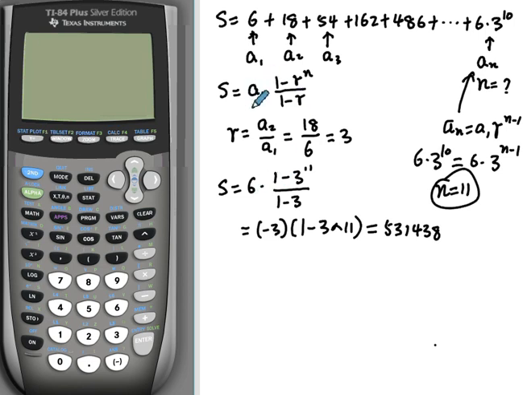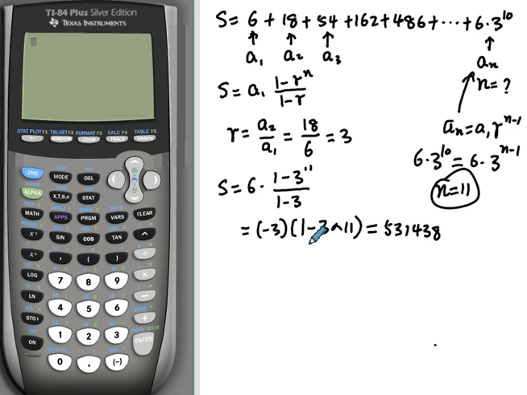So put into this formula, we then have 6 times 1 minus 3 to the 11th divided by 1 minus 3. 1 minus 3 is negative 2. 6 divided by negative 2 is negative 3. And then times the quantity inside, which is 1 minus 3 to the 11th power.